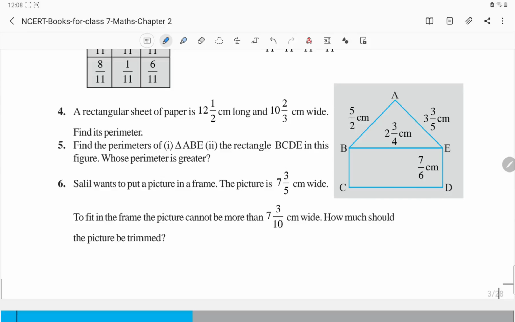30 seconds over, 1 minute left. Forty seconds left.